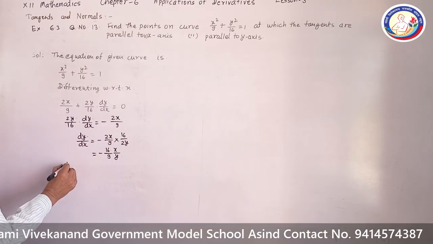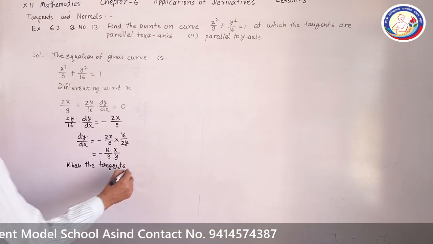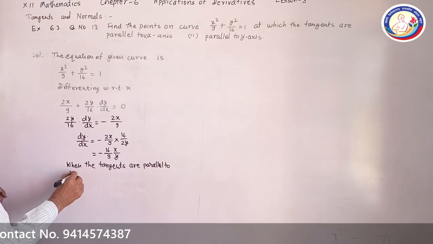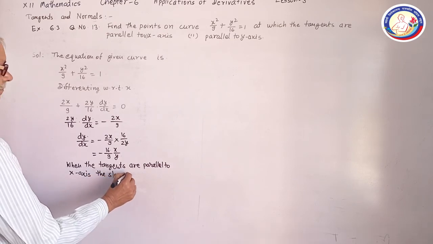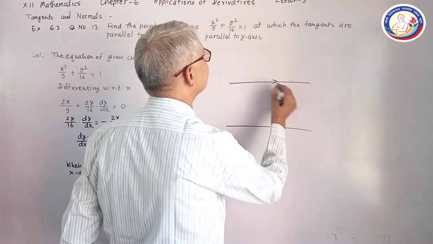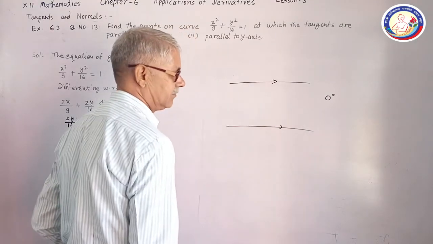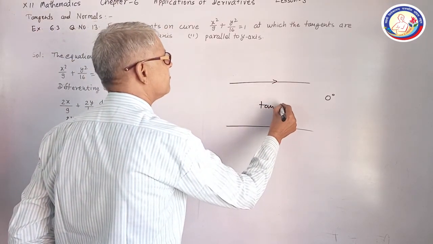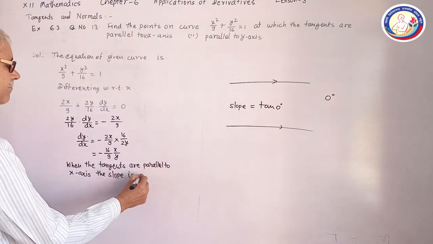So when the tangents are parallel to the x-axis, the slope will be, because a line parallel to the x-axis makes an angle 0 degree with the x-axis, so it will be tangent 0. Slope will be 0. Put it 0.